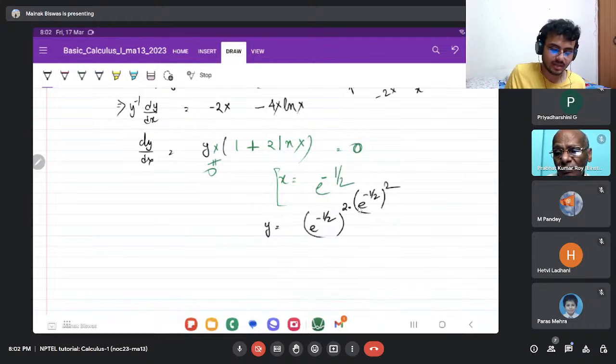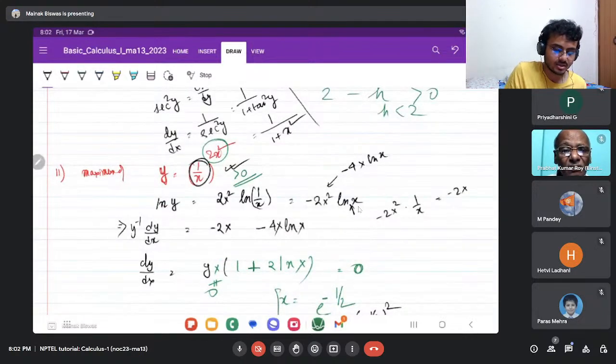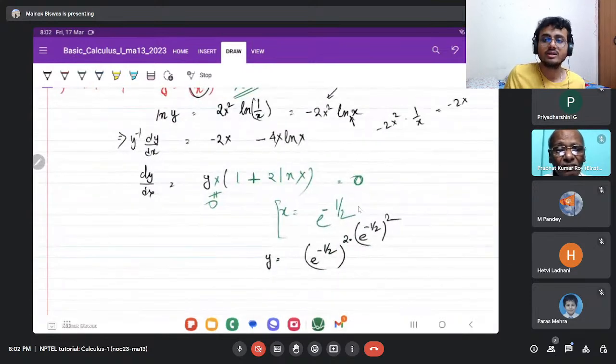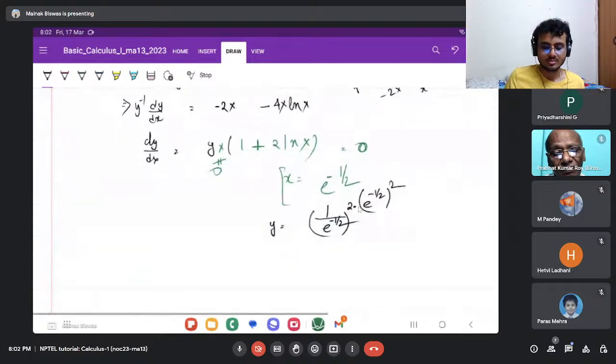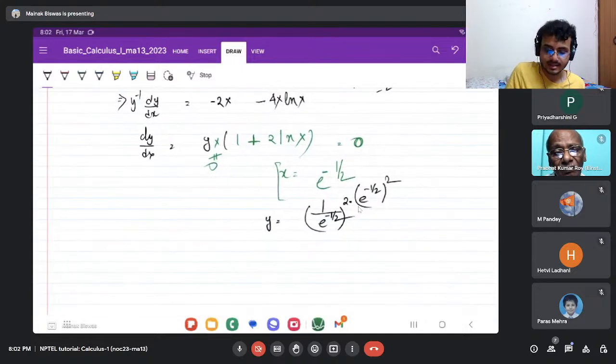Oh, sorry, I made a mistake. It's 1 by x, right? That's why the answer was inverted. So 1 by x is 1 by e to the power this. Correct? This is your maximum value. Now just do the surds.